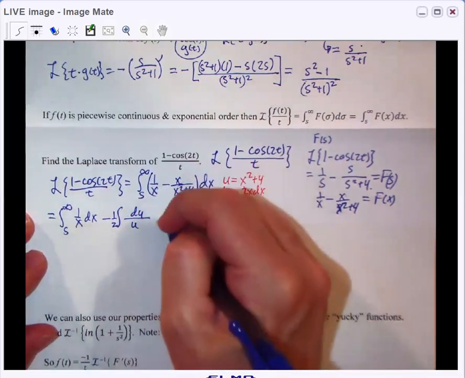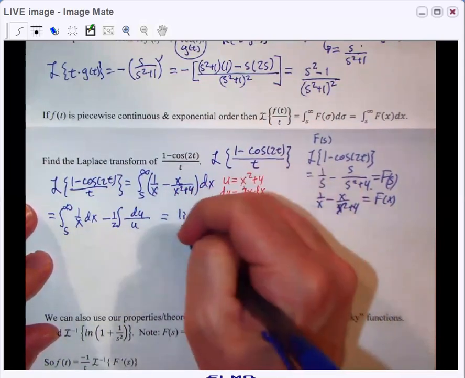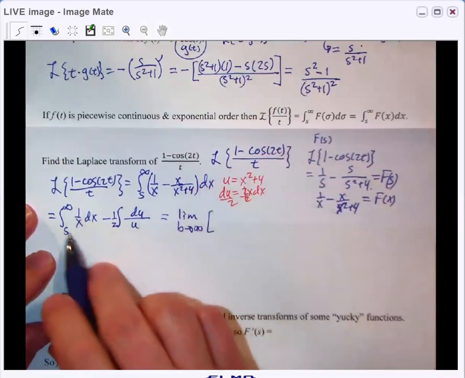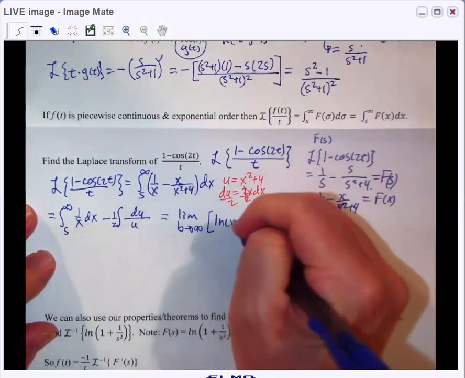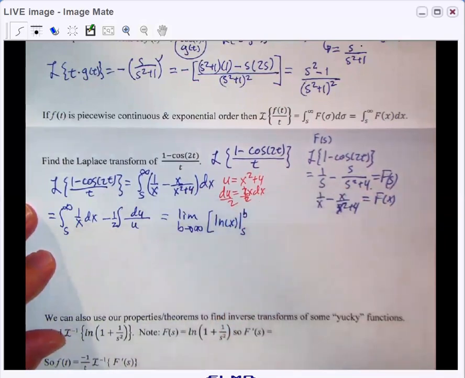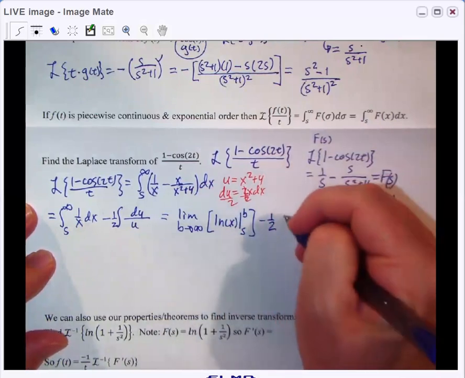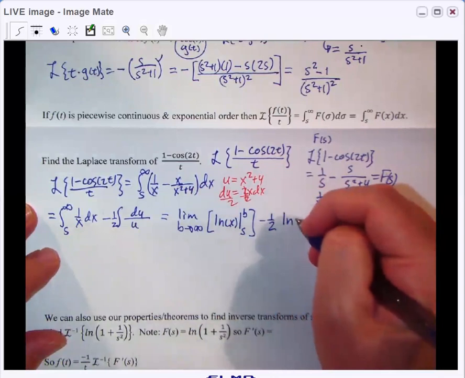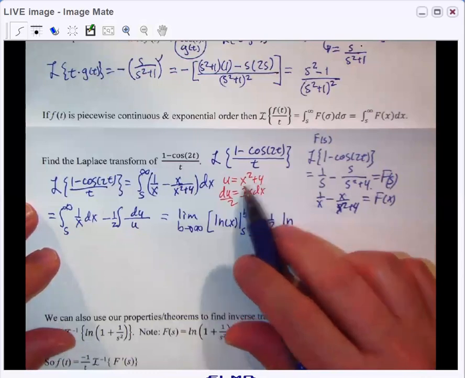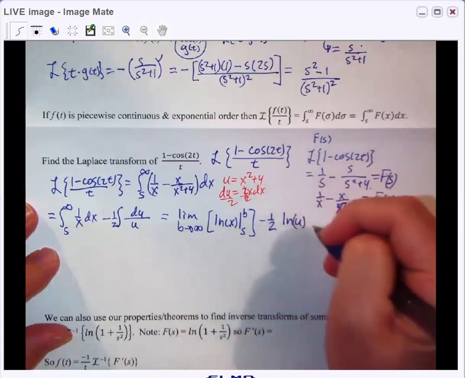And so this guy is going to be, we're going to need to do a limit as b approaches infinity of the integral of 1 over x dx is natural log of x. And we're going to evaluate that from s to b. And we're going to then do minus 1/2 natural log of u, technically absolute value of u, but since u is x squared plus 4, it can never be negative, so absolute values wouldn't make any difference here. So natural log of u.